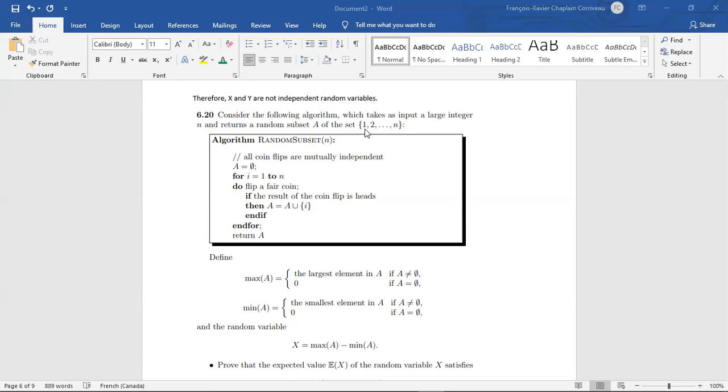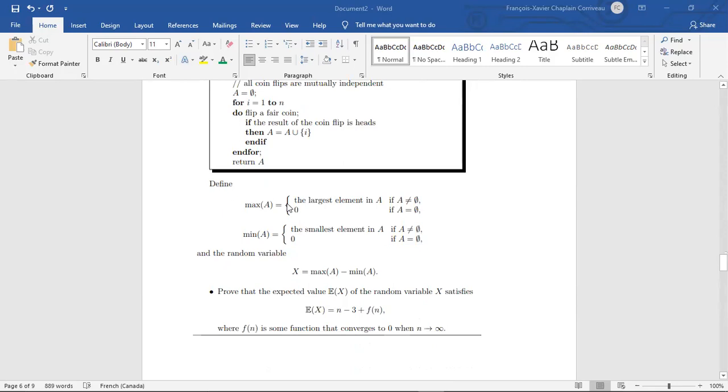So what do we do here? We're flipping one coin for each element, and depending on the outcome, we add each element to the subset that we're creating. So if we get heads for 1, then 1 is an element of our subset. If we get tails for 2, then 2 is not an element. This is what this algorithm is doing.